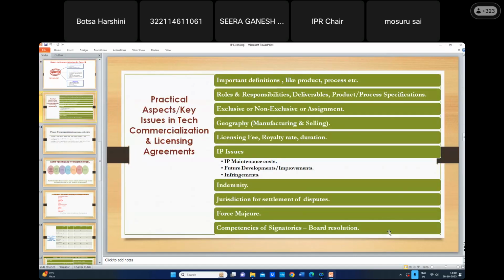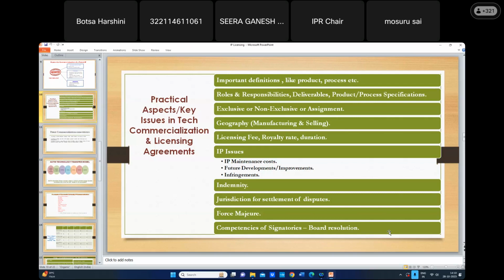Some aspects of licensing agreements, the terms and conditions, have to be negotiated properly. What terms and conditions generally appear in such IP licensing agreements? Apart from defining the parties, which party is licensing and which party is receiving, with which any agreement starts, there are various clauses, including the introduction of both parties.